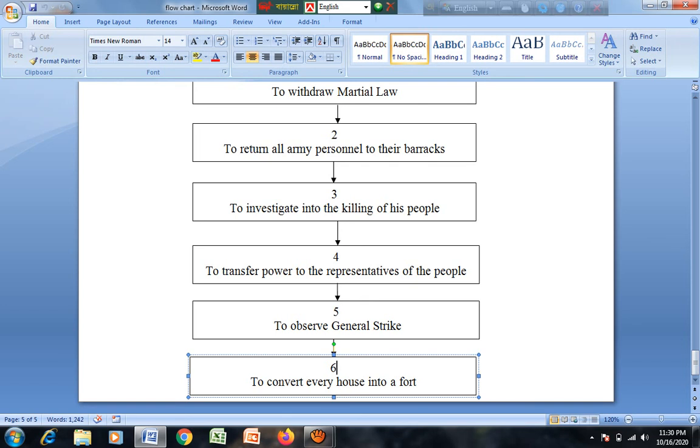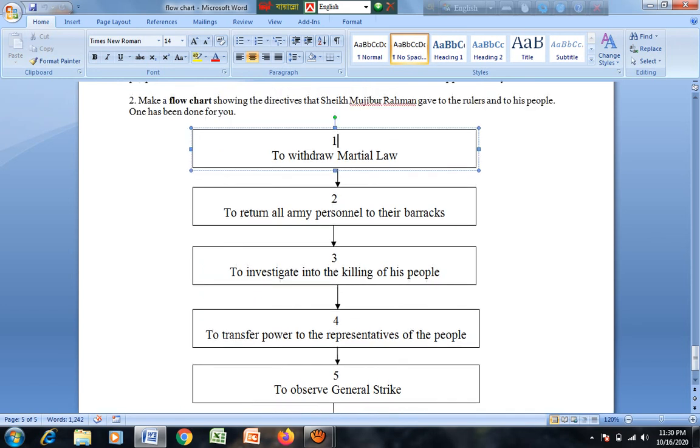So this is the method of writing a flowchart, and I think you have got a clear-cut idea about how to write a flowchart.